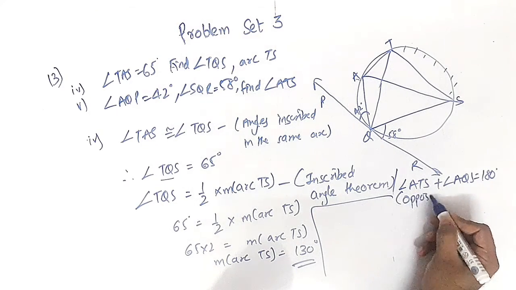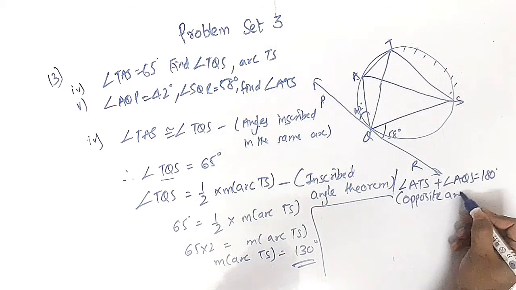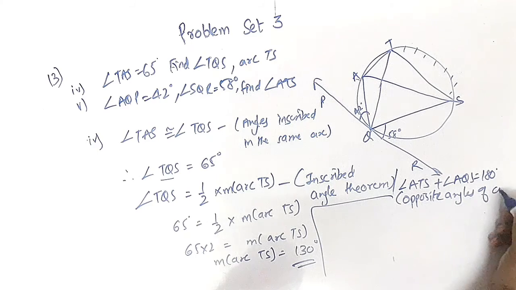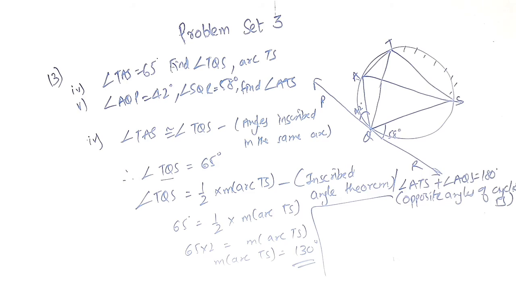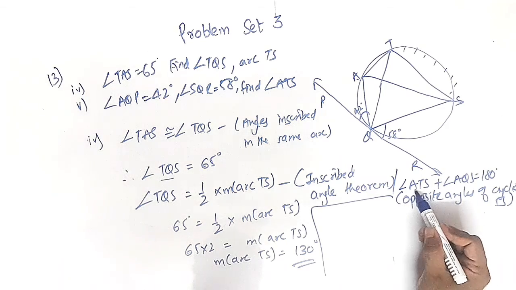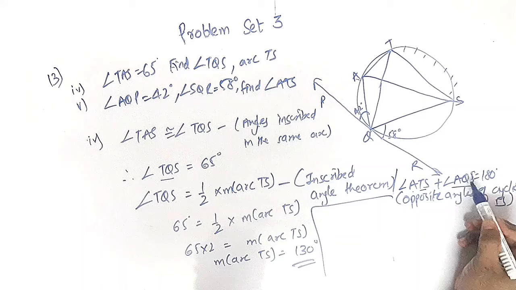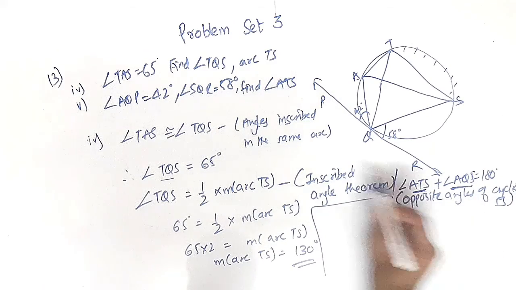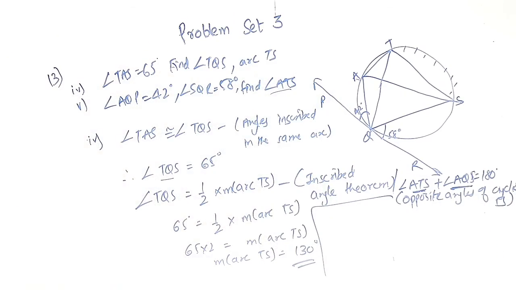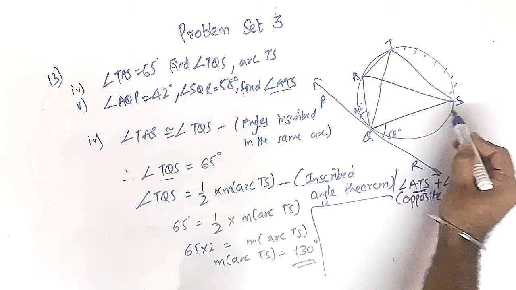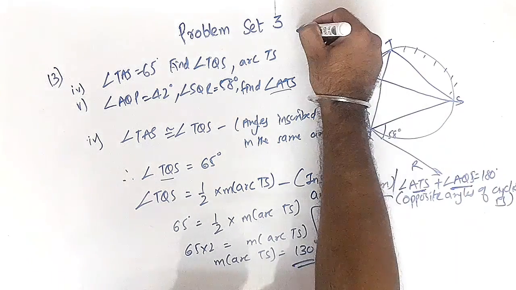This is opposite angles of a cyclic quadrilateral. Now there is some relation of ATS with AQS. This simply means if I know AQS, I can find ATS easily. So AQS, if you observe, is like this.